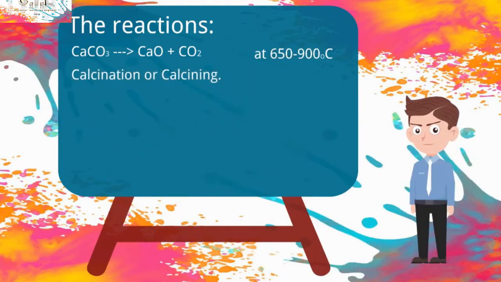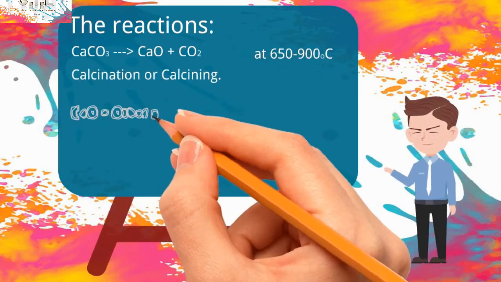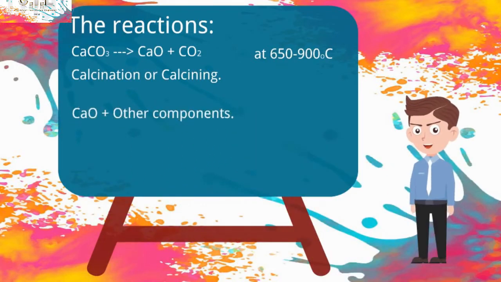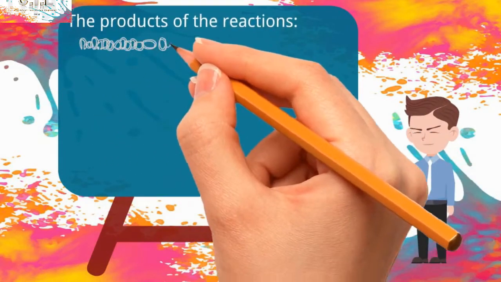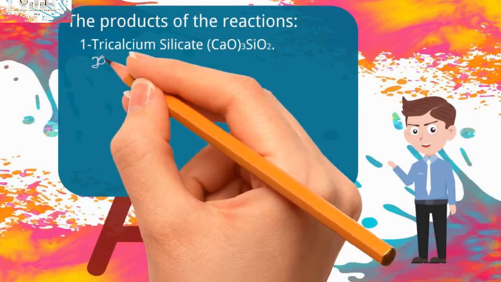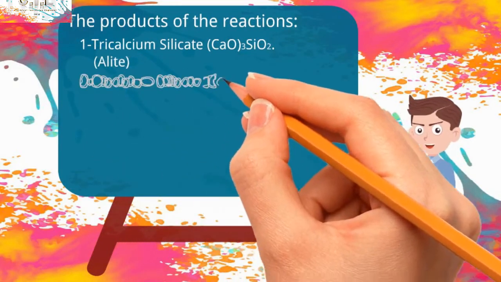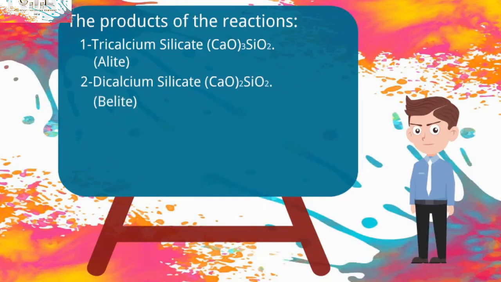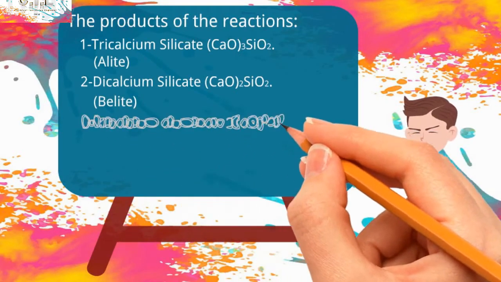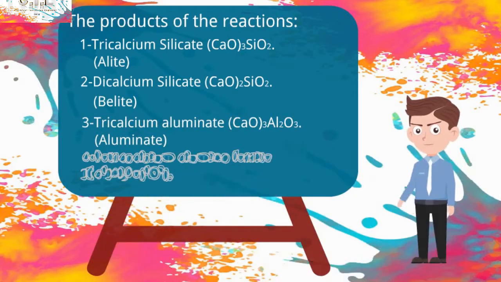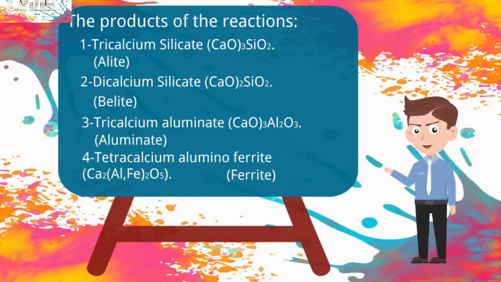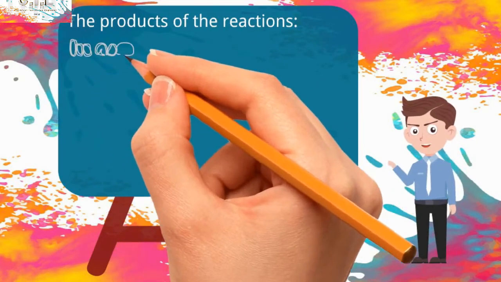And then the reactions between calcium oxide and other components start at 1250 degrees Celsius to produce new compounds like tricalcium silicate, which is called alite, dicalcium silicate, which is called belite, tricalcium aluminate, which is called aluminate, and tetracalcium aluminoferrite, which is called ferrite. And these compounds form a new material which is called clinker.